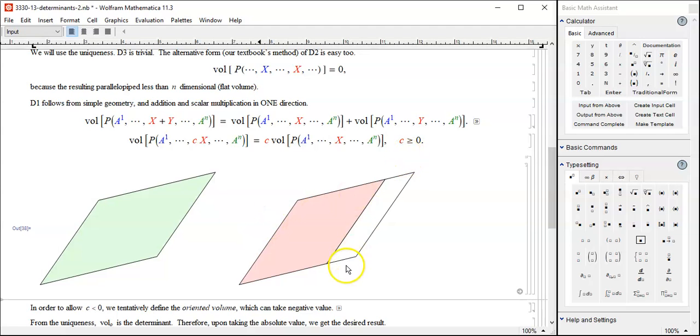Multiply by c. In this case, c looks like a bit negative. So this is whole, and then I reduced a little bit, c times this length. And what happens to the entire area? C times the area, because everything else stays the same. And that applies to the n-dimensional cases as well, so no problem there.